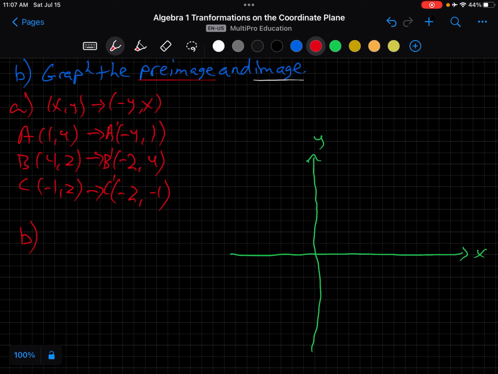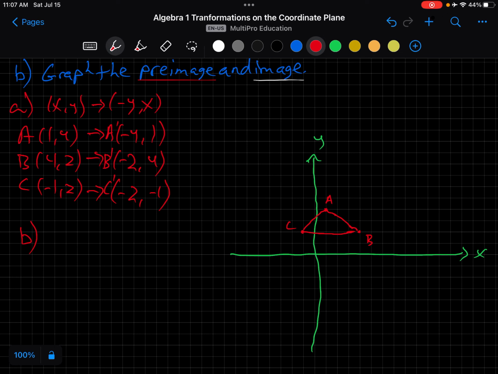Okay. So let's do red first. So 1, 4. There's A. All right. 4, 2. 1, 2, 3, 4, 2. There's B. And then C is minus 1, 2. Okay. There's C.